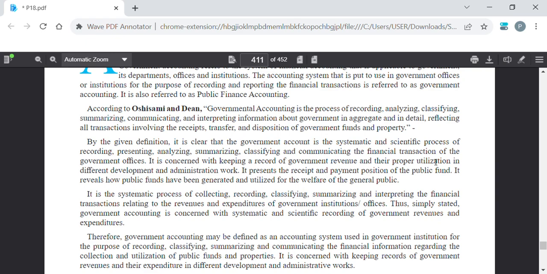So we record, we present, we analyze, we summarize, we classify and communicate financial transactions. The same points are repeated here.